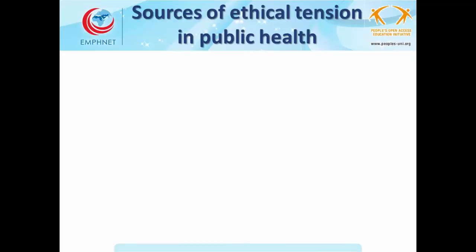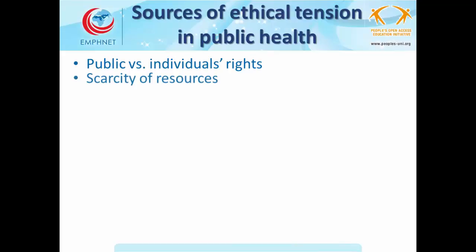What could be the sources of ethical tension in public health? First, we have sometimes contradicting rights, the public right to stay safe and the individual rights, for example, the freedom of movement. The scarcity of resources, as we all know, it's very rare that we find enough resources for everyone, in whatever country.